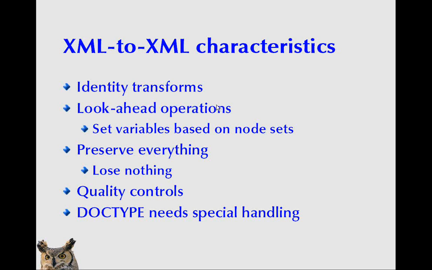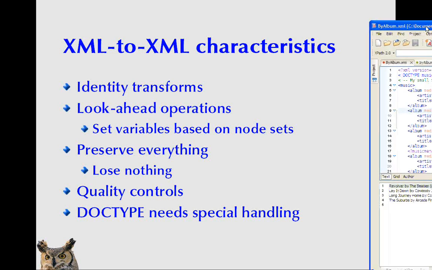And what follows from that, of course, is when you're doing these transforms, and particularly in a production environment, you need some form of quality control. You need to ensure that you really are processing all of the data and processing it accurately. And of course, the greater the volume of data, the more difficult that becomes. And of course, we haven't really talked much about the DOCTYPE.